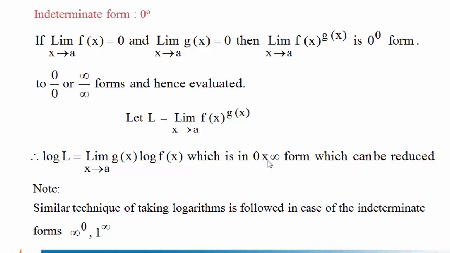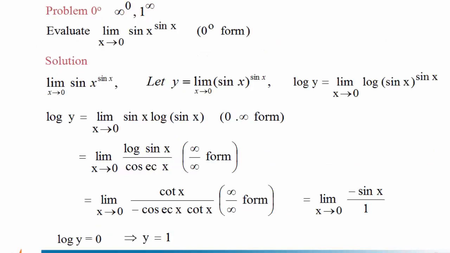Once we evaluate this limit, taking antilog on both sides, L equals e raised to whatever the answer may be. A similar technique of taking logarithm is followed in the case of indeterminate forms infinity raised to 0 and 1 raised to infinity.